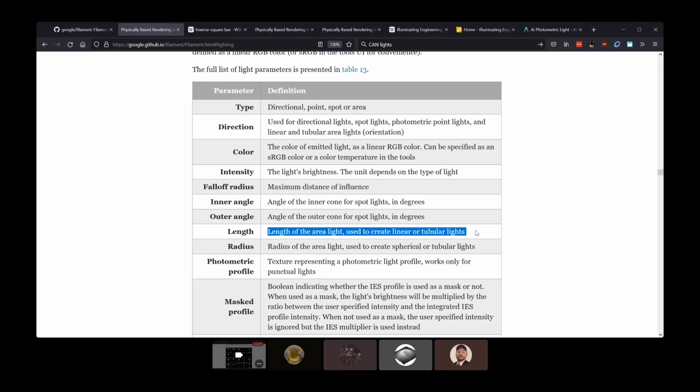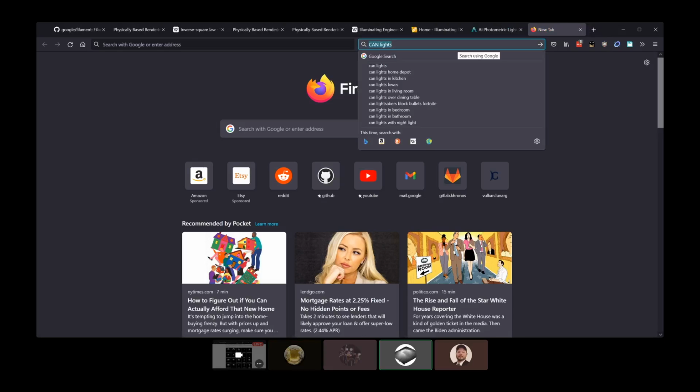Totally tubular, man. What does that even mean here? Tube, like, I don't know. Like a laser, maybe. Length of the area light? I'll have to look up tubular light. I guess it just means like a fluorescent bulb that's really, really long?